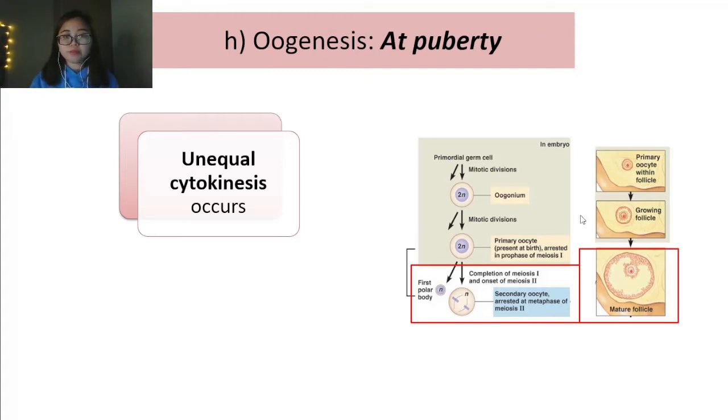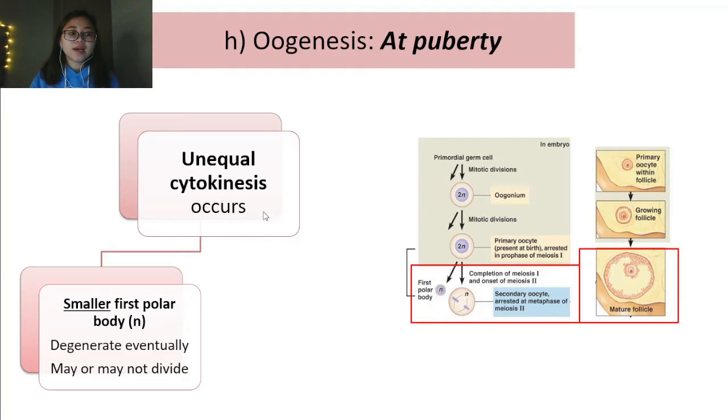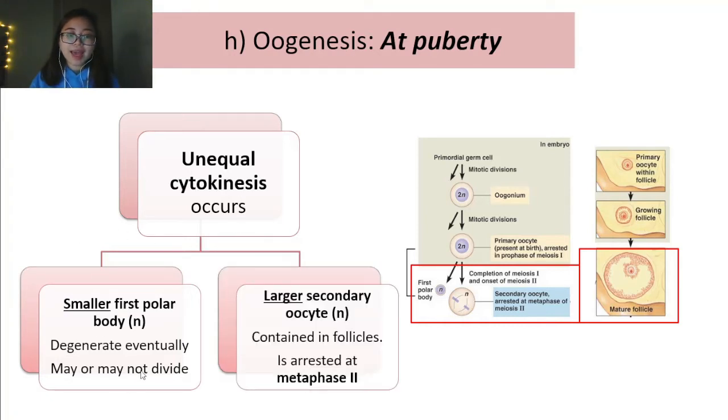Okay, habis sejak meiosis 1 memang perlu jalankan cytokinesis, tapi masalahnya cytokinesis ini tidak sama rata, tidak sekata. Okay, you will have a smaller first polar body and a larger secondary oocyte. Masa cytokinesis, satu biji kecil, satu biji besar. Yang kecil itu kita gelar sebagai first polar body.